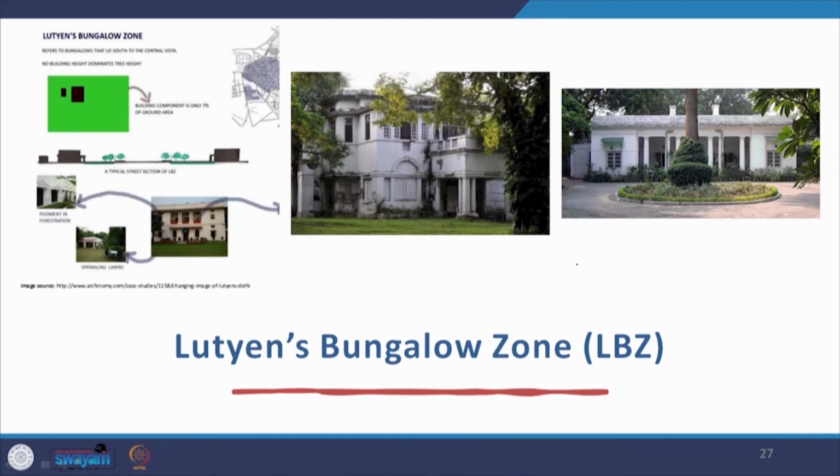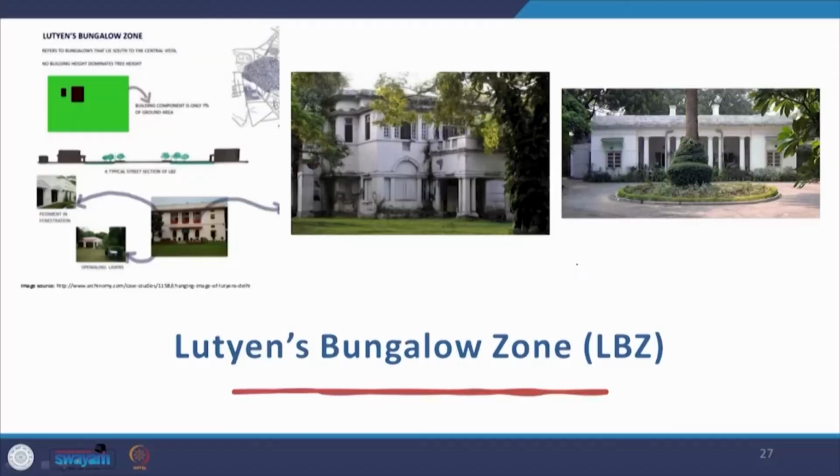So let us come to the last section that we want to talk about today, and that is the bungalow zone. It is human scale, it is plastered like Connaught Place, but again it is based on neoclassical architecture, as is Connaught Place. The bungalow zone itself lies on the south of the central vista. Each bungalow has a very ample amount of space, and there is a lot of talk about how very vast areas are occupied in the bungalow zone by these bungalows, and there is only 7% of the ground area of a site where the bungalow is placed, and there is an immense amount of greenery.